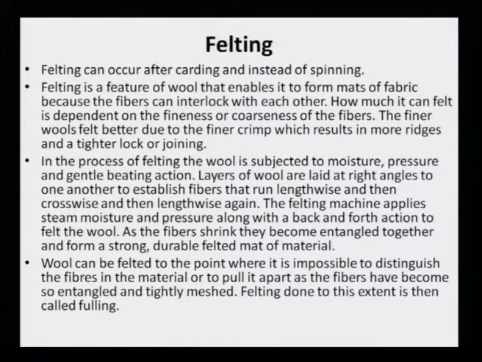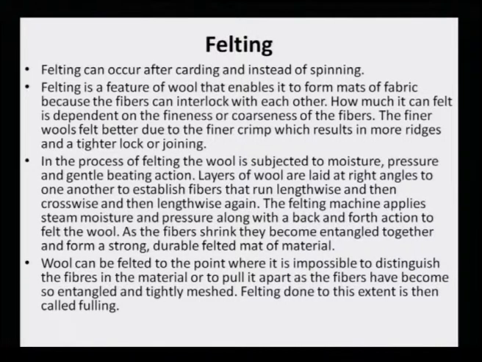Layers of wool are laid at right angles to one another to establish fibers that run lengthwise and crosswise and then lengthwise again. The felting machine applies steam moisture and pressure along with a back and forth action to felt the wool.